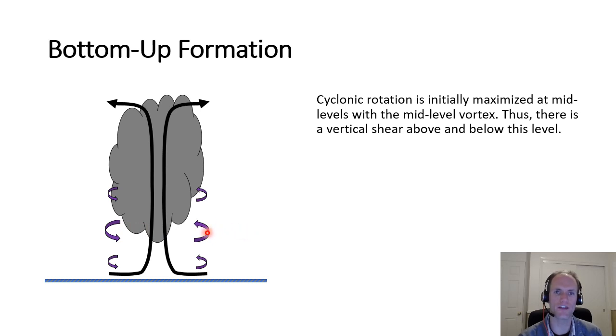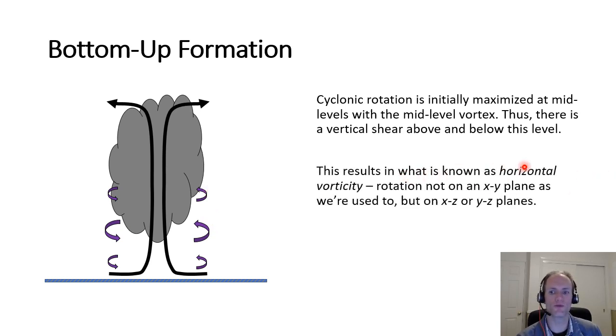And conversely, on the other side, it's more into the screen at the mid-level maximum and less above and below that. So there's a vertical shear, a change in wind speed with height from the low levels to the mid-level vortex and from the mid-level vortex upward from there.